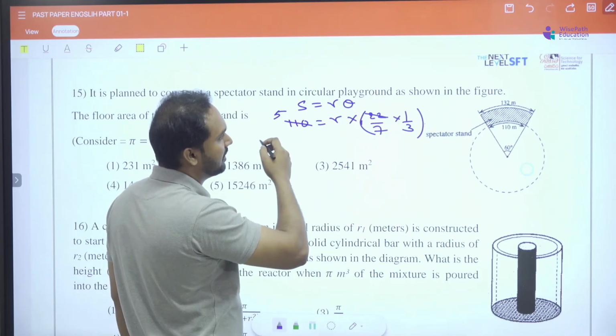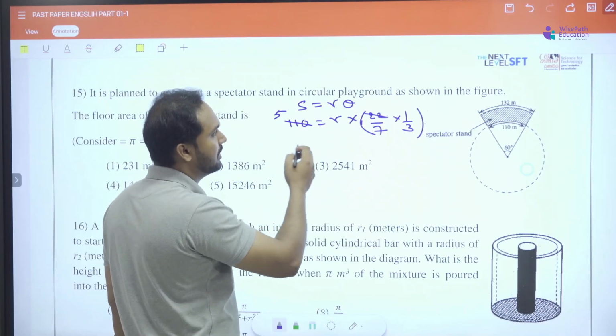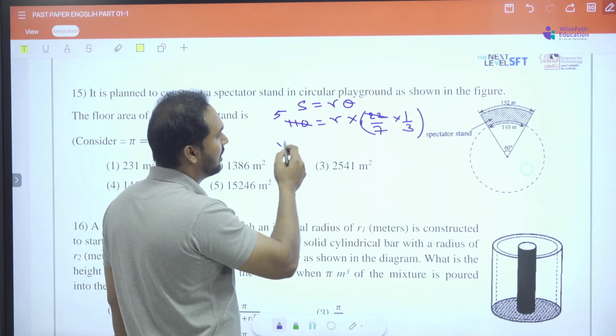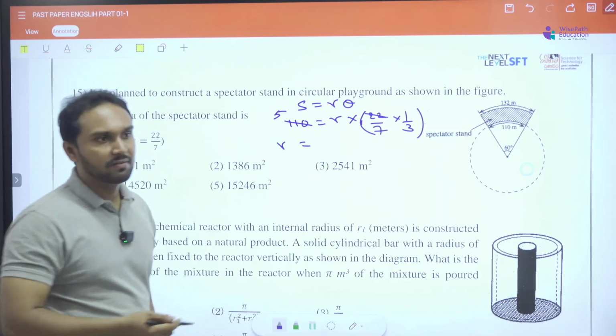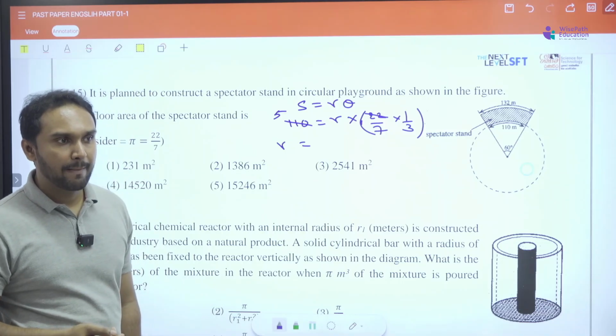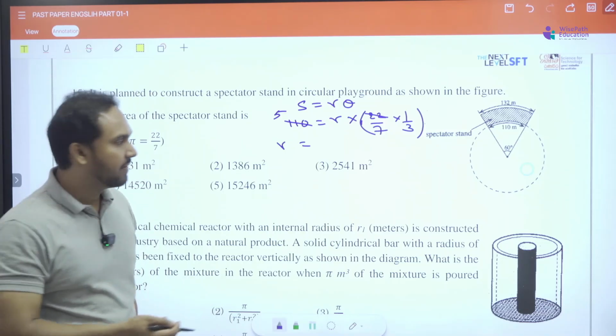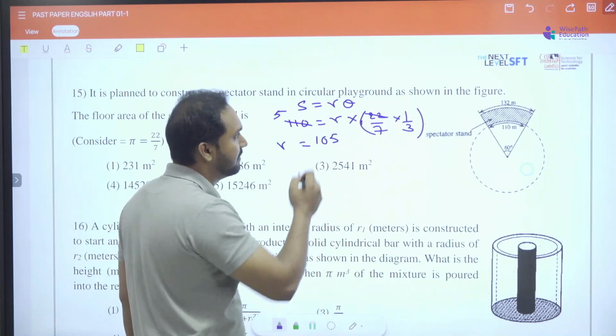And if you cross multiply everything, 7 into 3 is 21, R equals 21 times 5. That is how much? 105, right? This is 105.